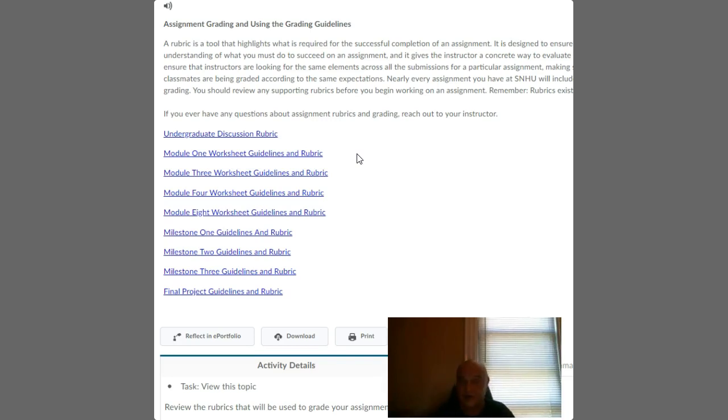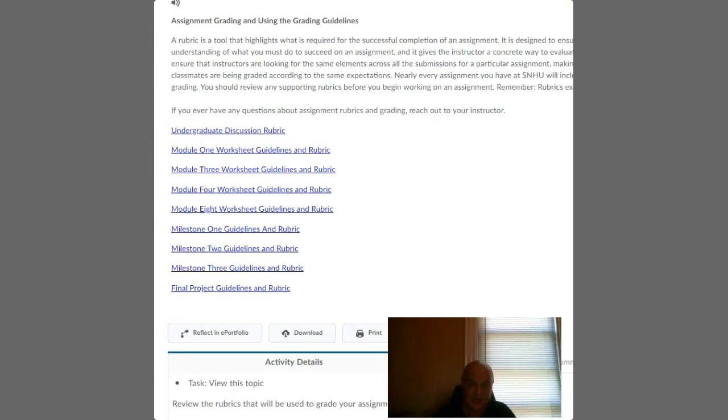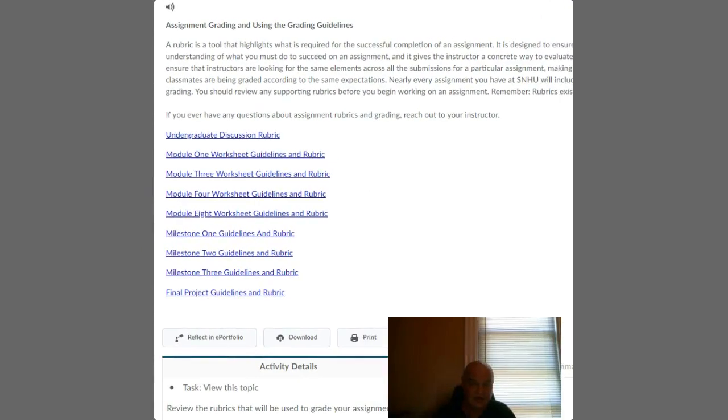They're graded with very specific rubrics in mind. And if you look at the rubrics as you work through the course, you're going to have a clear understanding of what you've got to do to succeed on an assignment. Let's take a look at a couple of these. But please review all of these on your own so that you can really hit the ground running.